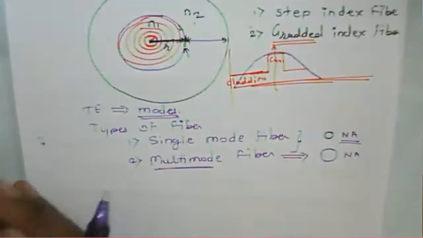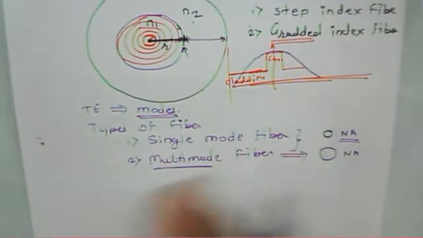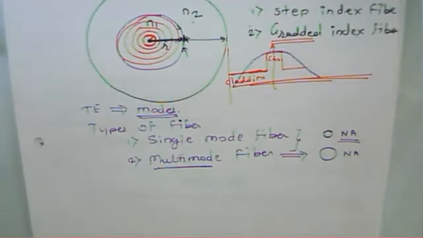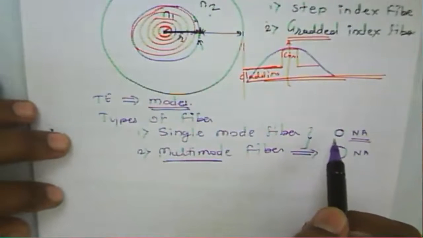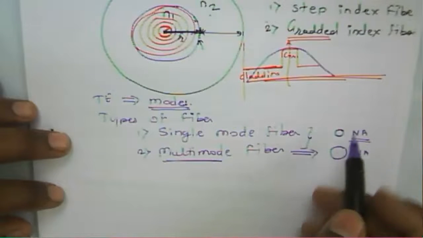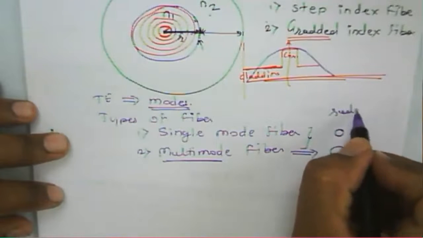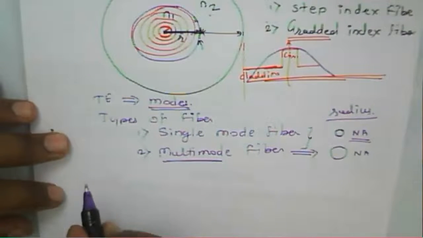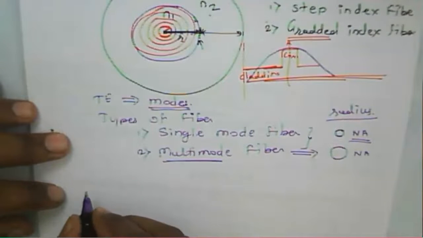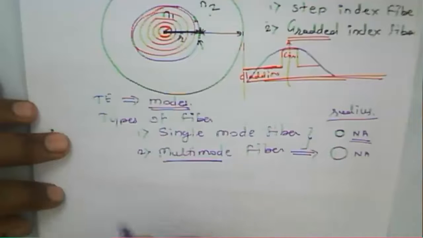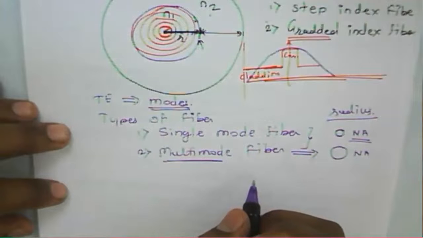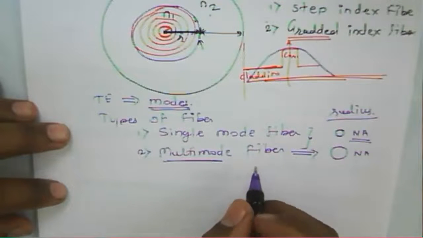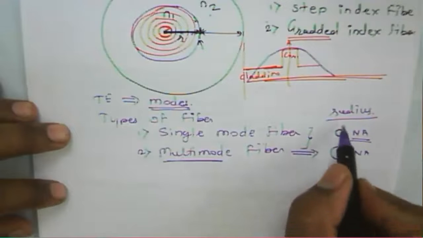Because we can say that numerical aperture is the acceptance angle of the particular fiber. And that acceptance angle depends totally on the core size of this particular fiber, or you can say the radius of the fiber. So whatever the modes propagating through the fiber, they depend upon the radius of the fiber.